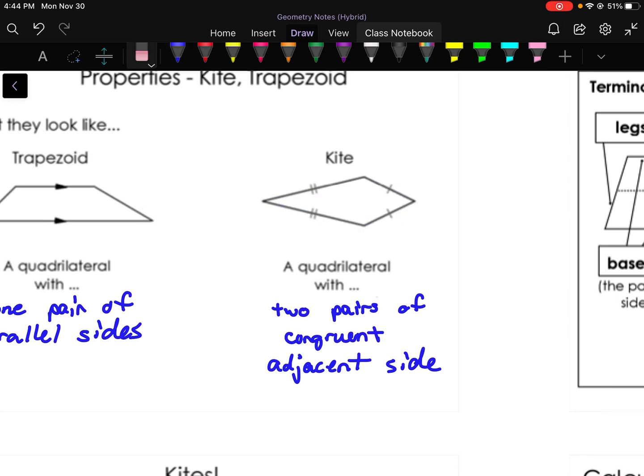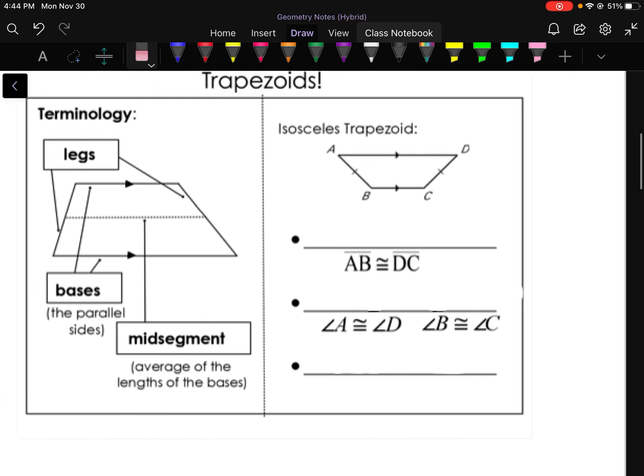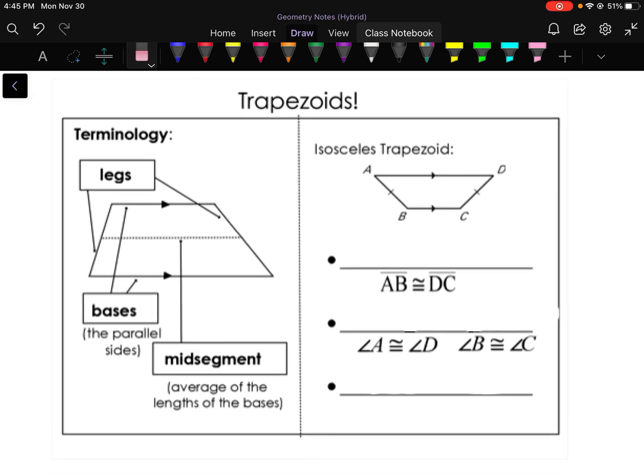Okay, so swinging on over, we got to talk some terminology quick of trapezoids. So first of all, we call those parallel sides the bases. Sides that are parallel to each other are called the bases. The other 2 sides are called the legs.